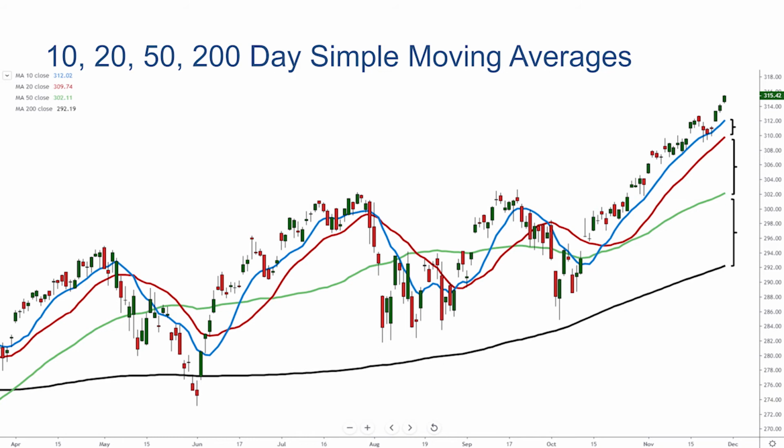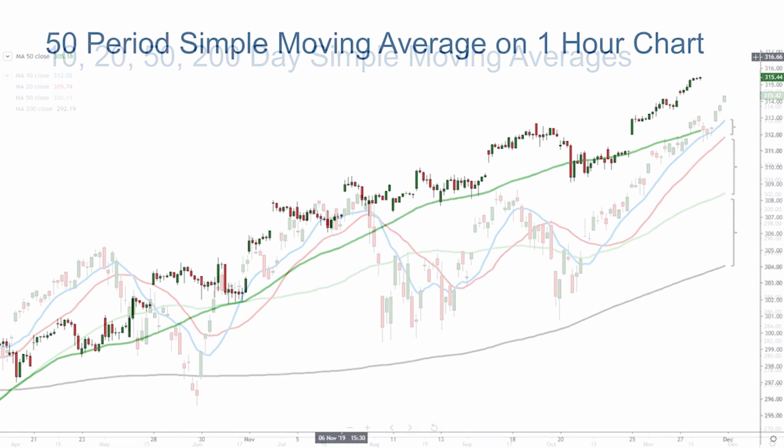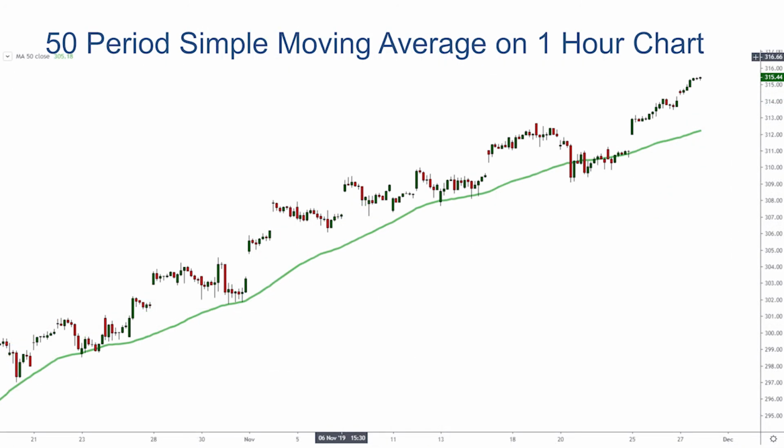So this is where I wanted to just give lip service to day trading and the use of moving averages. So notice here what I've done is I've switched the trend from a daily chart where every candle was representative of one day to now where every candle that you see is representative of 1 hour.